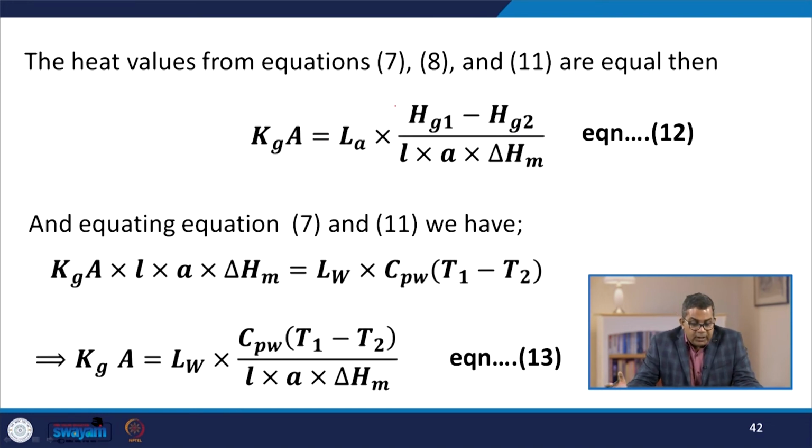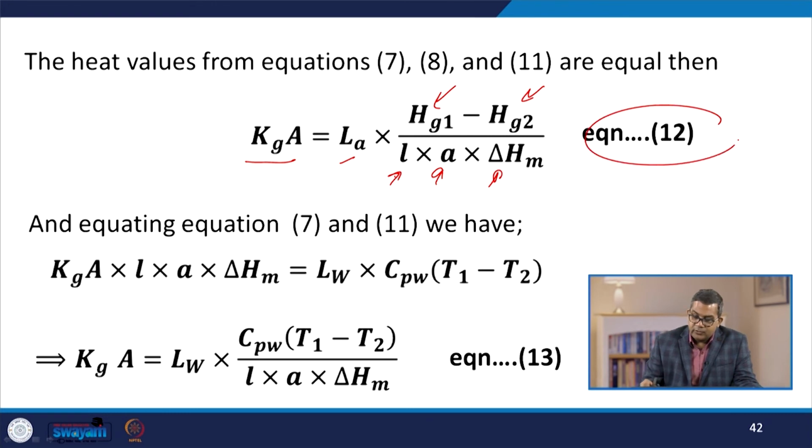So, the heat values from equations 7, 8 and 11 from the previous slides are equal. Then kGA is equal to LA into (Hg1 minus Hg2) upon L into A into delta Hm, that is equation number 12.